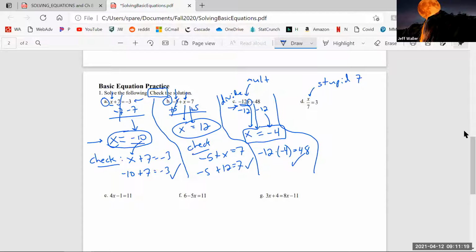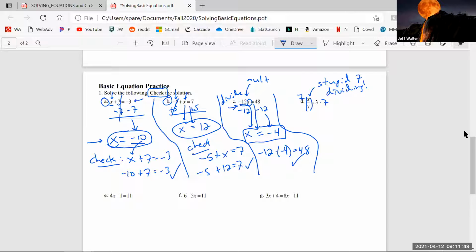So what is the 7 doing? Why is it there? How can I kill it? Well, it's dividing right now. Multiply by 7. Exactly. So I'm going to multiply by 7. The only way that things can cancel in math is if they have opposite operations occurring. Does that make sense?